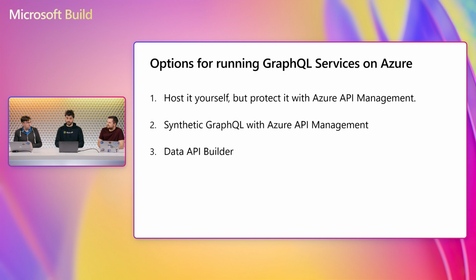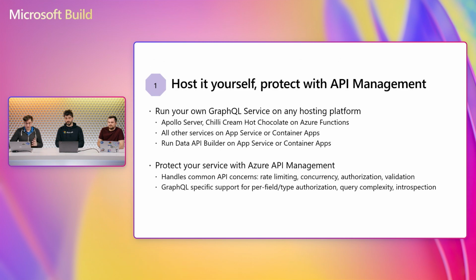That's great if you know your schema and if you've got a set of resolver HTTP APIs sitting there. But if you've only got a database and you want to create a GraphQL schema on top of that database, the Data API Builder is the way to do it, and we'll talk about that third. So let's start with hosting it yourself.